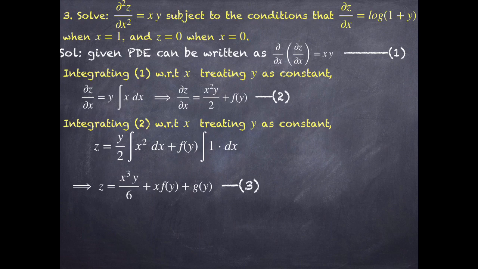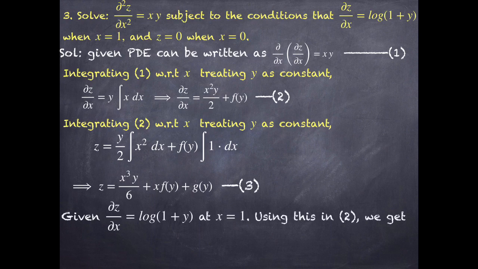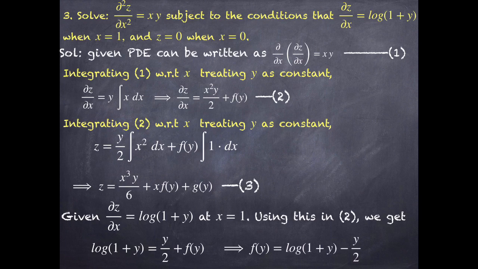Now use the conditions to find f(y) and g(y). I will use the first condition, ∂z/∂x = log(1+y) at x = 1. In equation number 2, wherever ∂z/∂x is there, substitute log(1+y) and x = 1. We get f(y) = log(1+y) − y/2.